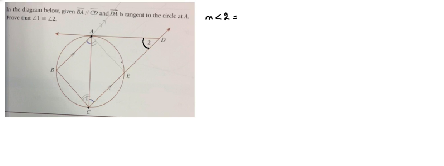This angle is equal to the measure of arc AC minus the measure of arc AE, divided by 2. So it is equal to half the measure of arc ABC minus the measure of arc AE. This is the first step.